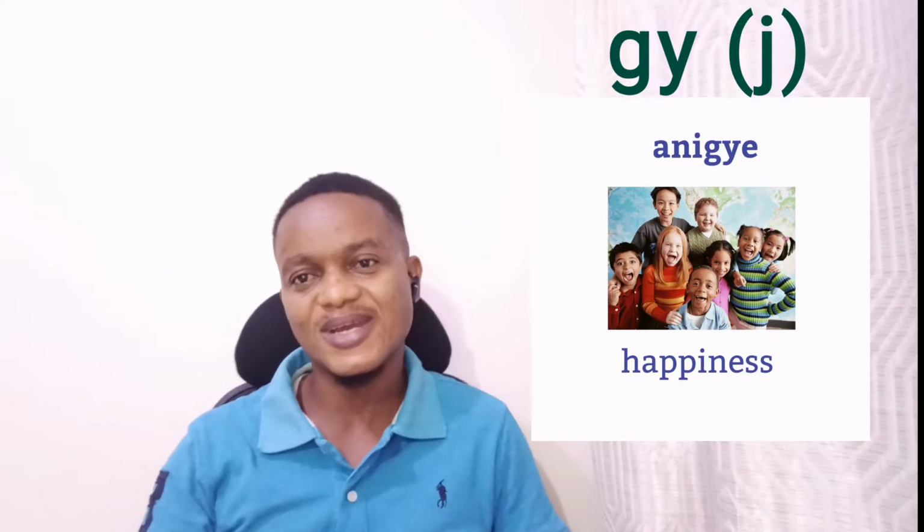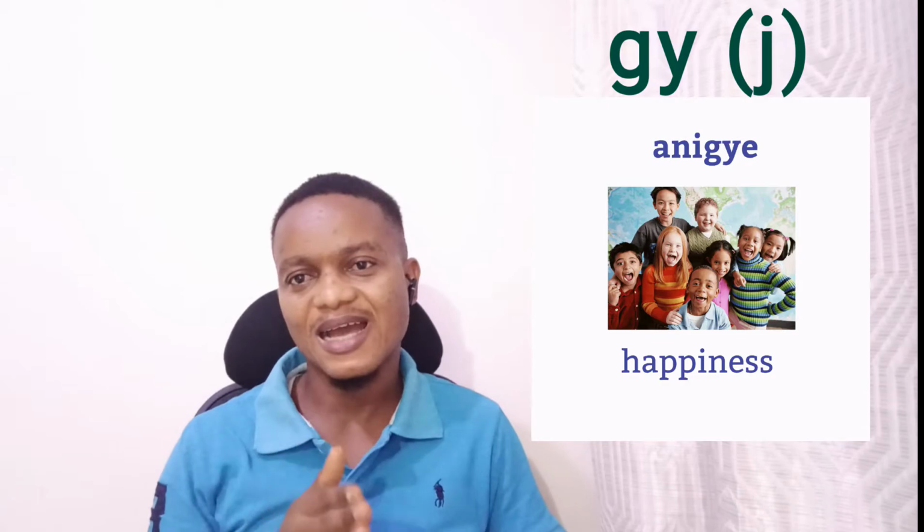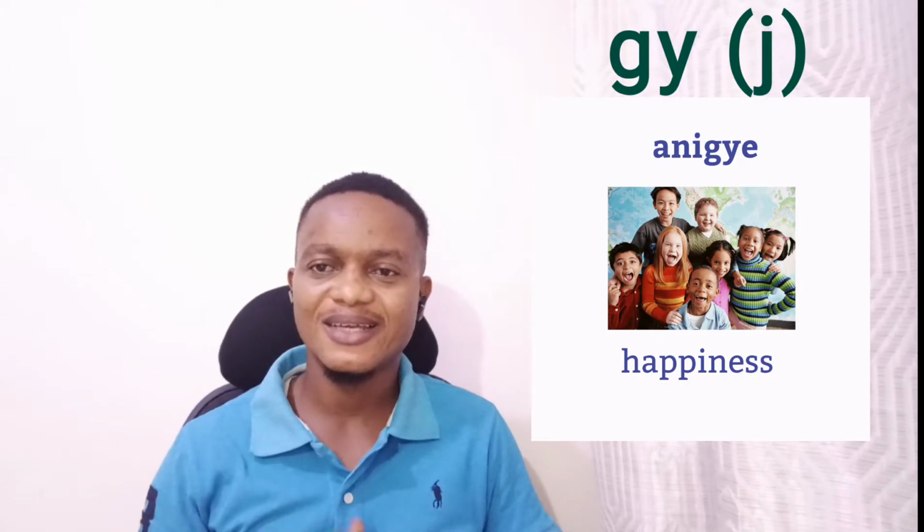Then we go to the next digraph, which is the G and Y. But when they meet, they give us a different sound. And they give us the J sound in English. That is J. So the key word here is anije. So we pronounce together anije.